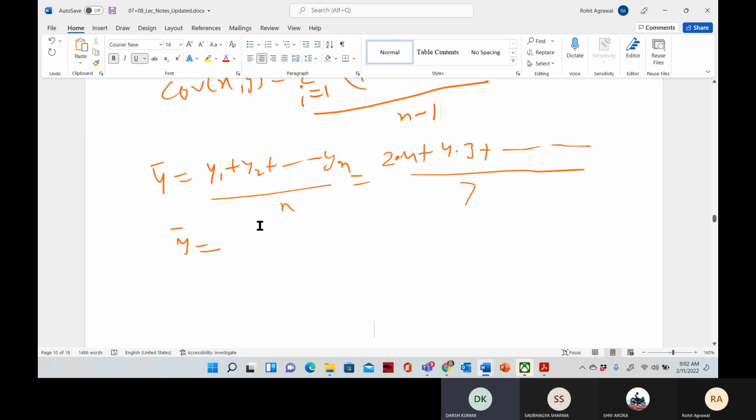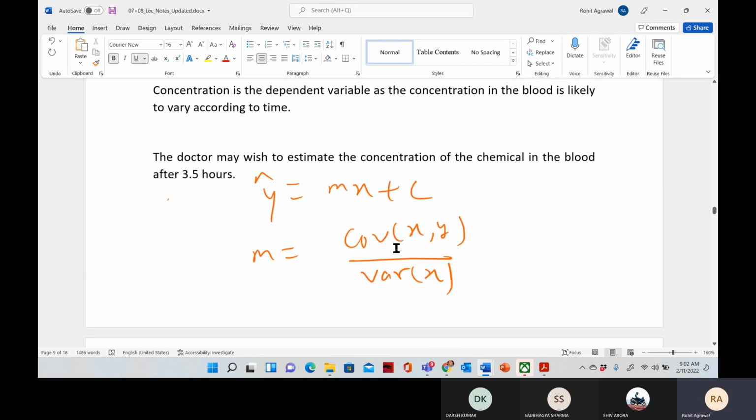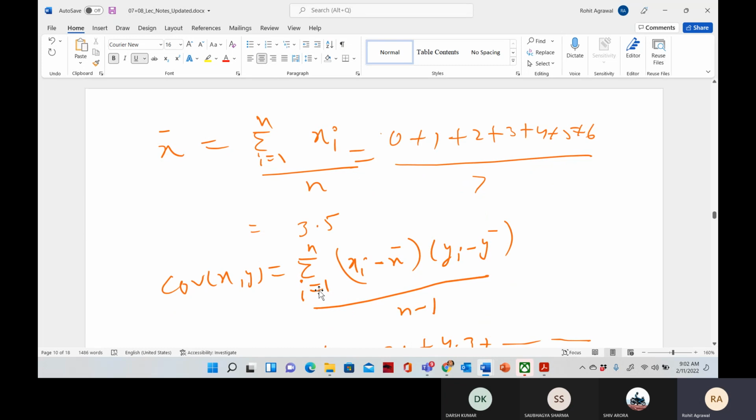See, in the formula, m is equal to covariance of x comma y divided by variance of x. So what is the formula for covariance? Covariance is summation i equals 1 to n of xi minus x bar into yi minus y bar, divided by n minus 1. So we need to calculate x bar and y bar as well. X bar is the mean value of x, and y bar is the mean value of y. Sir, the values of y are not visible, so we cannot calculate it.